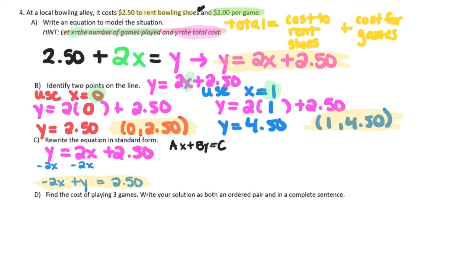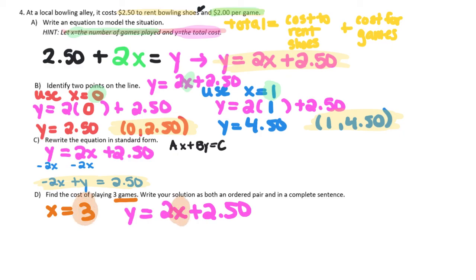And then the last part says find the cost of playing 3 games, and rewrite it as an ordered pair and a solution. If we want to find the cost of playing 3 games, this means that you're going to let x equal 3, and we're given the equation y equals 2x plus 2.50. I'm going to substitute this value of 3 in for x.